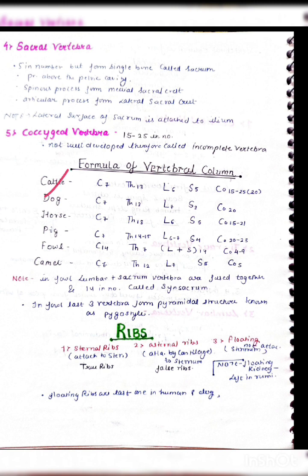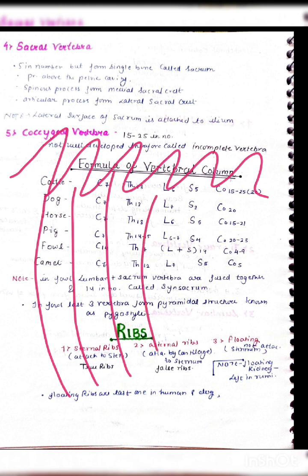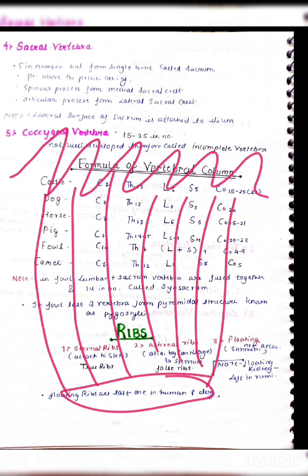So this is our thoracic vertebra, and from here the 7 ribs are present: 1, 2, 3, 4, 5, 6, 7. These ribs are attached to the sternum, so these are known as the true ribs.